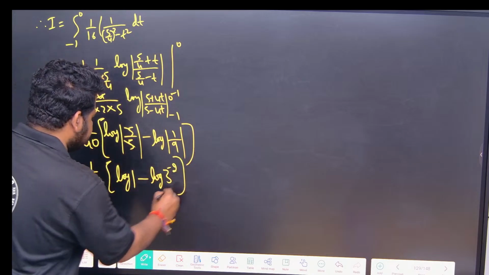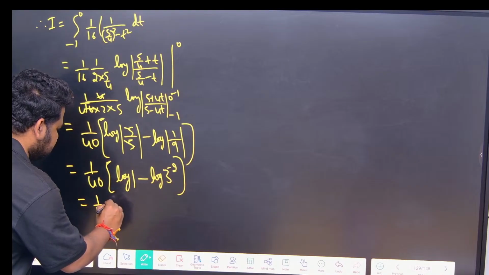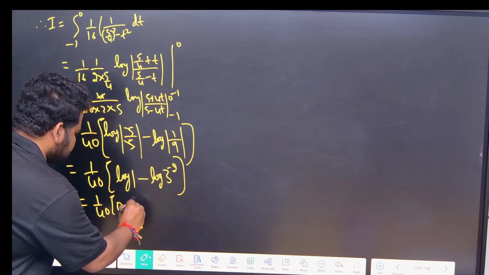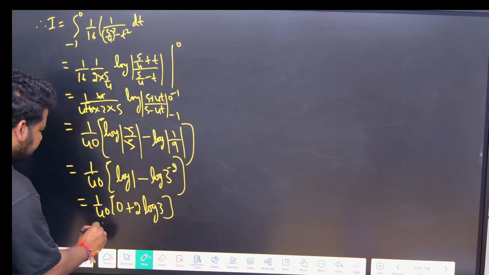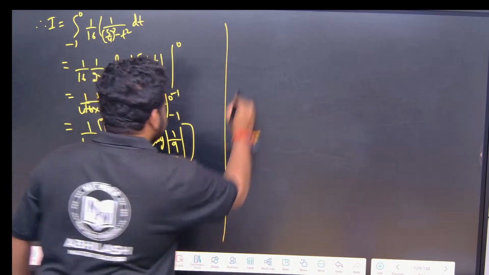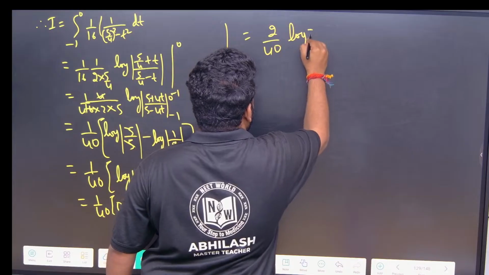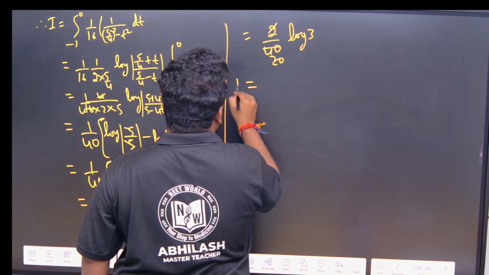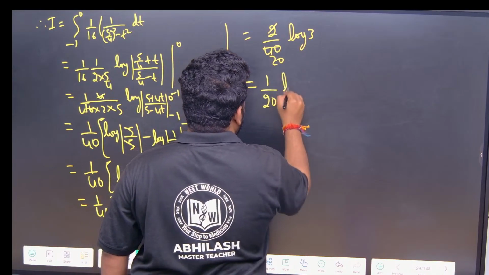Log 1 is 0, so I will have 1 by 40 into 0 minus, and minus 2 brought here becomes plus 2 times log 3. So this would be equal to 2 by 40 into log 3. 2 ones are 2, 2 twenties are 40. Therefore I is equal to 1 by 20 log 3.